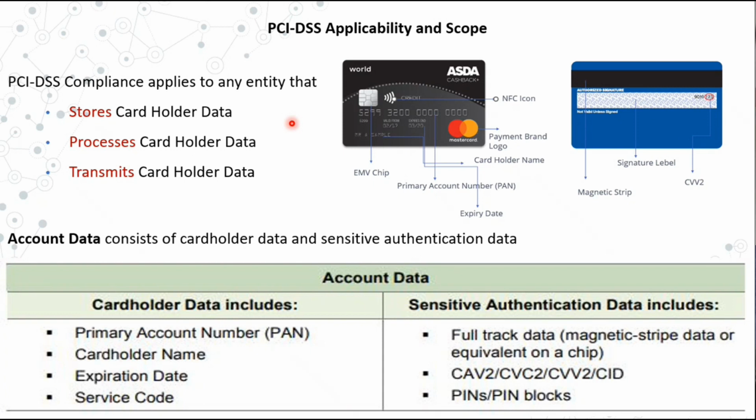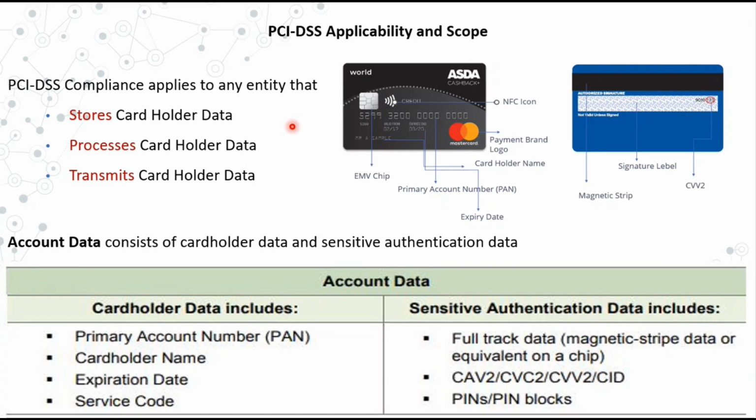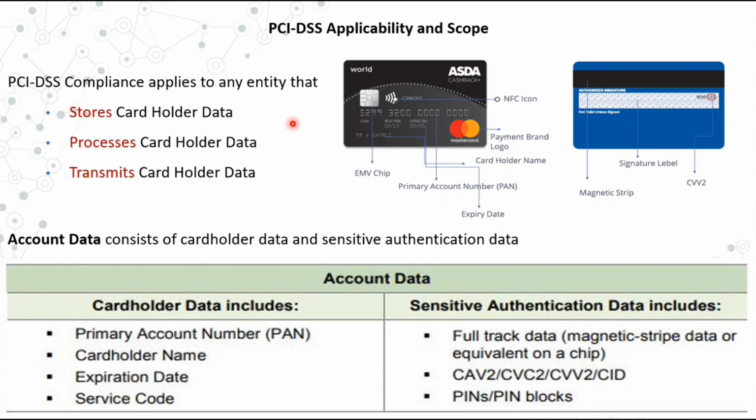Any entity dealing with a card, and dealing is basically store, process, and transmit. Any entity that stores the data, or processes the data, or transmits the data, or does all three, by default PCI applies to it. That is one thumb rule.